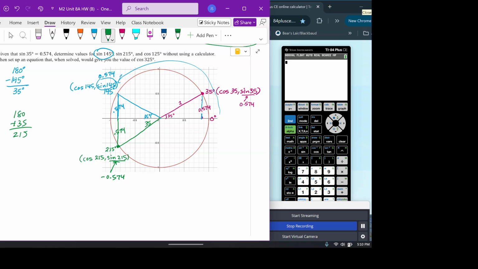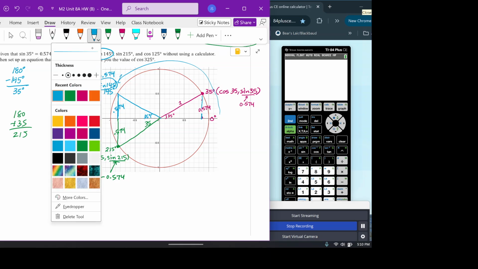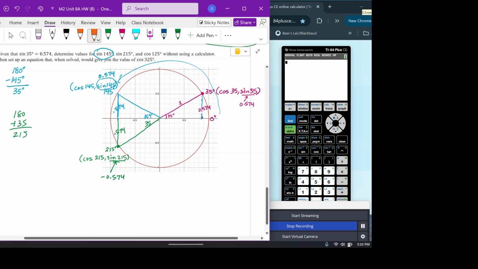Cos 125. Let me get a different color here. We'll use orange. Okay, so cos 125 is going to be 90 and then 35 more than that. So this part's 35. This point right here is associated with 125 degrees. So it's going to be cos 125, sine 125.